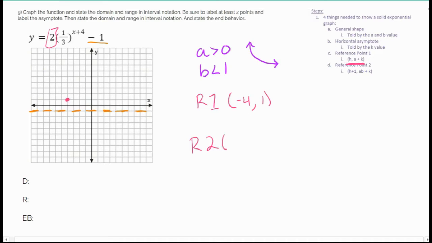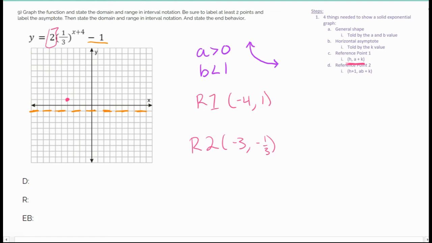And then my second r value is 1 plus h, so that becomes -3. And a times b, which in this case is 2 times 1/3, which is 2/3, not 2 and 1/3, plus a -1. 2/3 plus a -1 is just going to be -1/3.